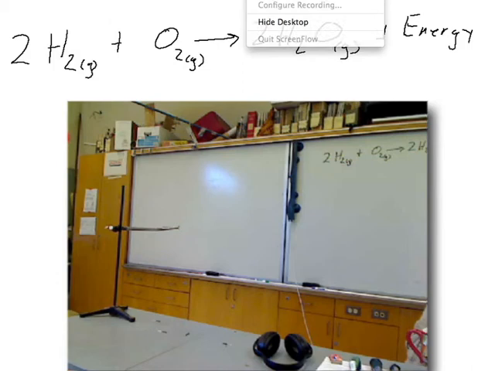So, if you want the most amount of water, you want a stoichiometric mixture. The biggest bang comes from a stoichiometric mixture. These types of stoichiometry questions are fundamentally important for all types of chemical reactions.